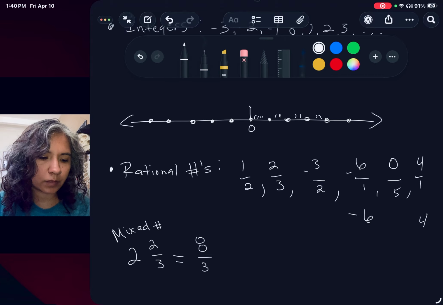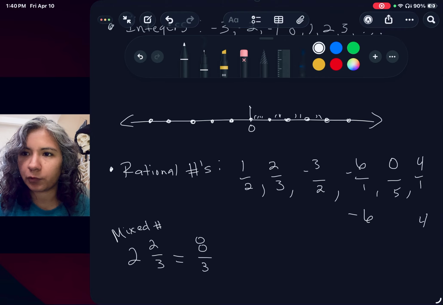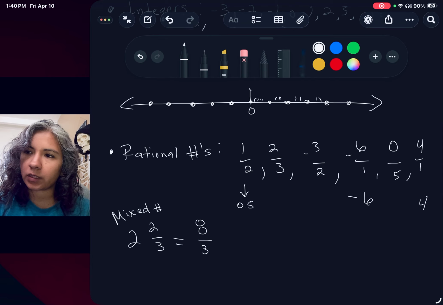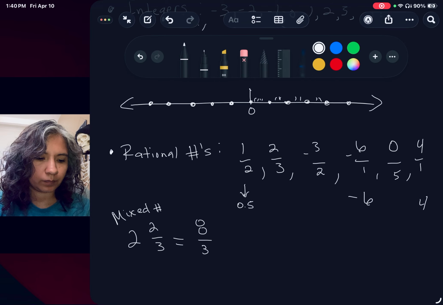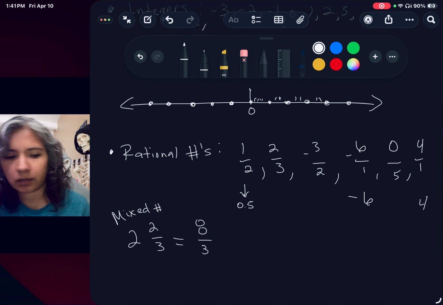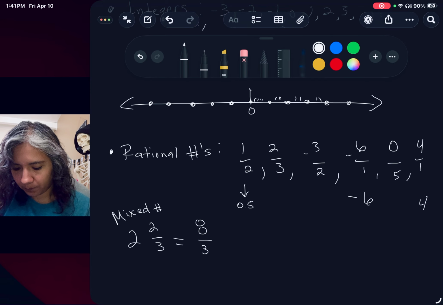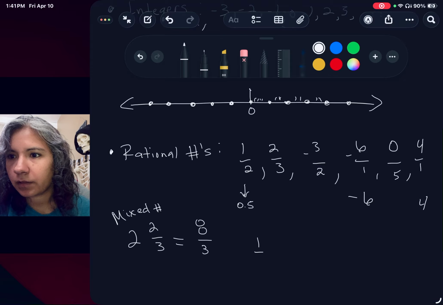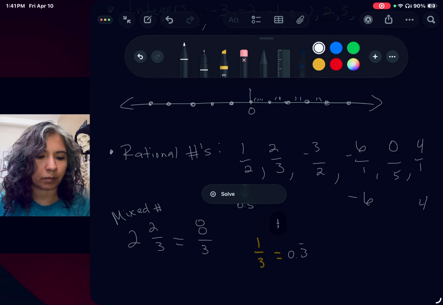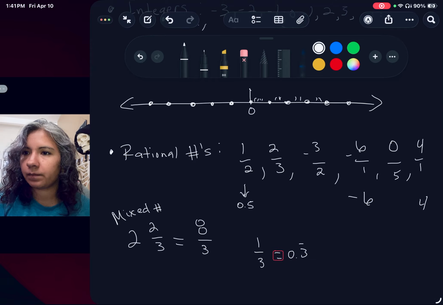And sometimes they can be written in decimal form. Just like we know 1/2 is the same as 0.5 or 50%. But they can be repeating numbers like 1/3. 1/3 is 0.3 repeating, right?